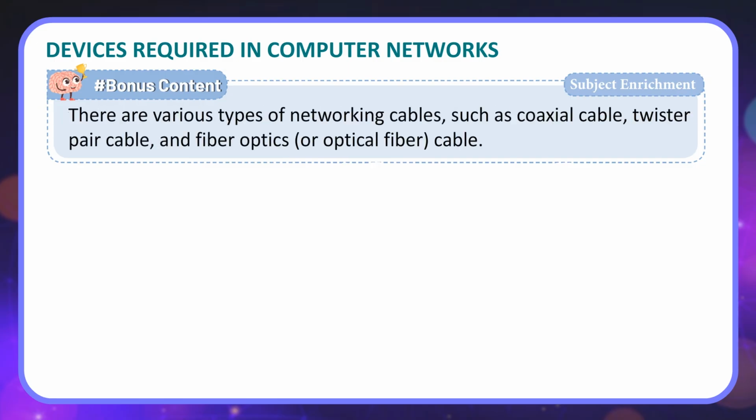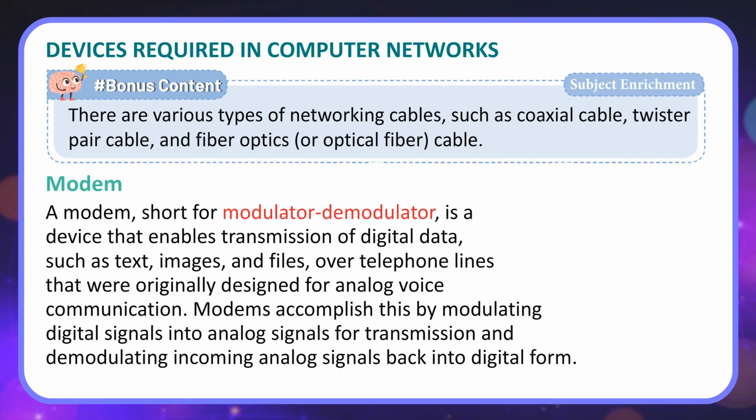There are various types of networking cables, such as coaxial cable, twisted pair cable, and fiber optics, or optical fiber cable. Modem. A modem, short for modulator-demodulator, is a device that enables transmission of digital data, such as text, images, and files, over telephone lines that were originally designed for analog voice communication.